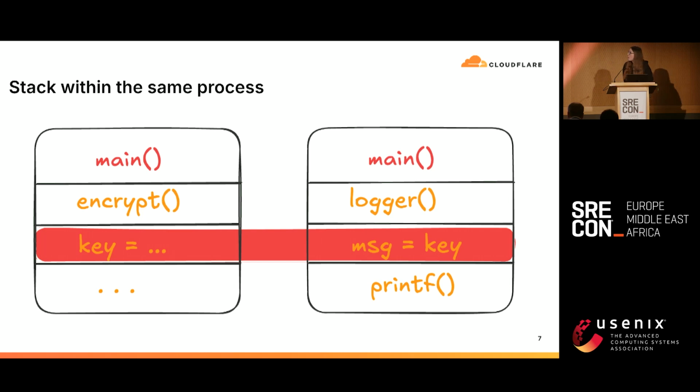These types of bugs are called memory safety bugs. This includes out-of-bounds reads, out-of-bounds writes, use after free, double free, uninitialized variables. And the main problem with these bugs is that they are exploited not just in theory, but in practice too.